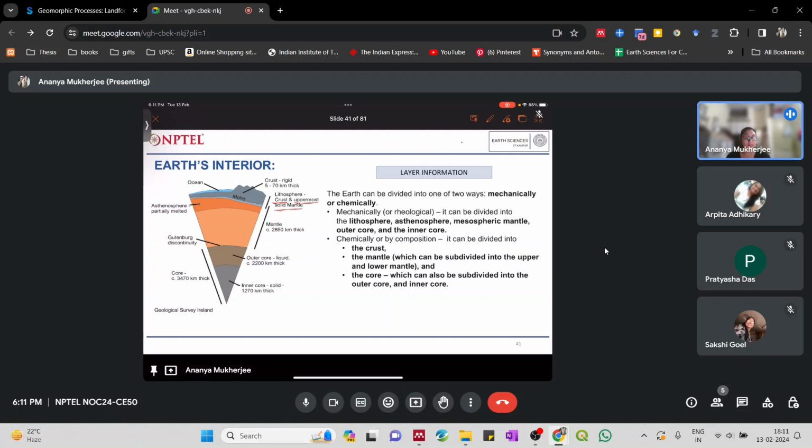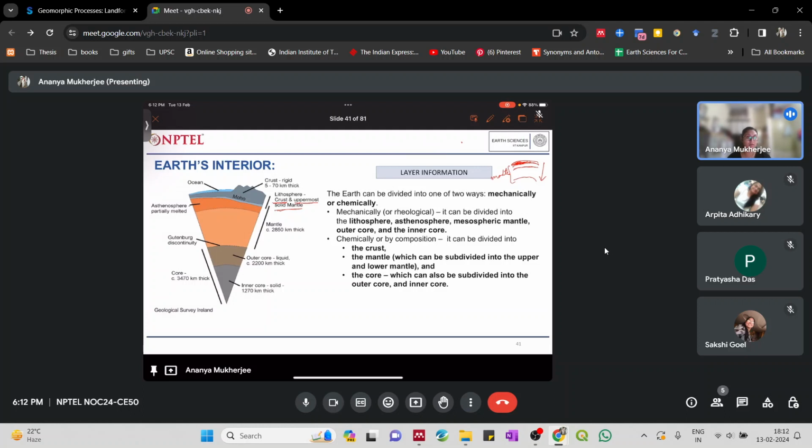So for the mantle, suppose this is your mantle. As we go down, the kind of physical state that it is in changes a little. The top part is partly solid in nature. Then you have a little bit of partially melted mantle area.